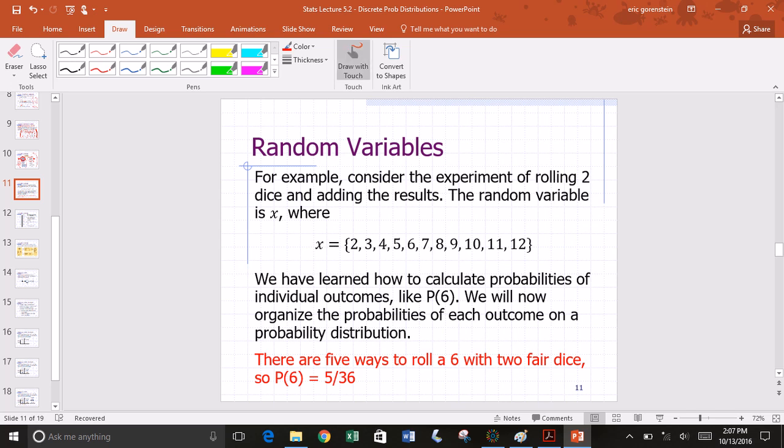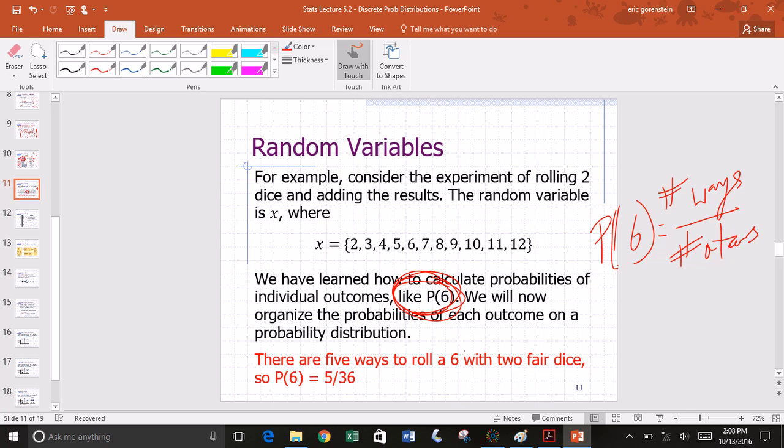Well, by the definition of probability, the probability of rolling a 6 is the number of simple ways you could roll a 6 divided by the total number of possible outcomes of the experiment.